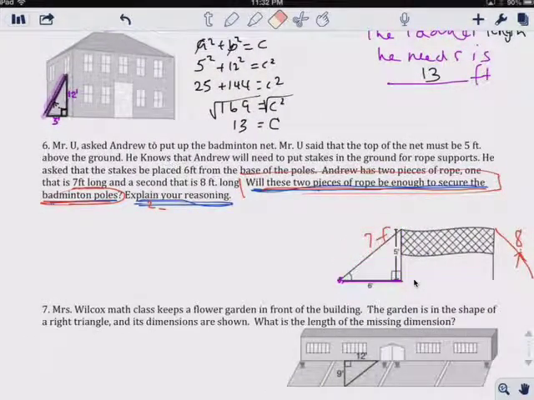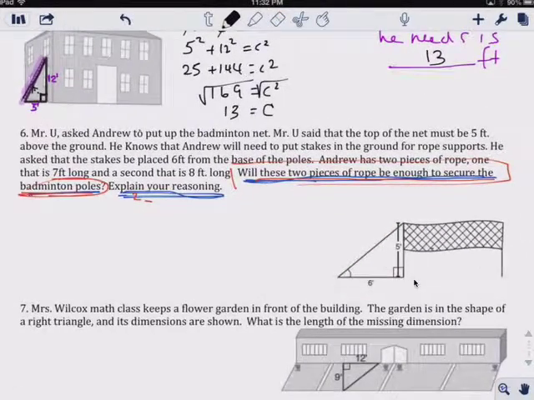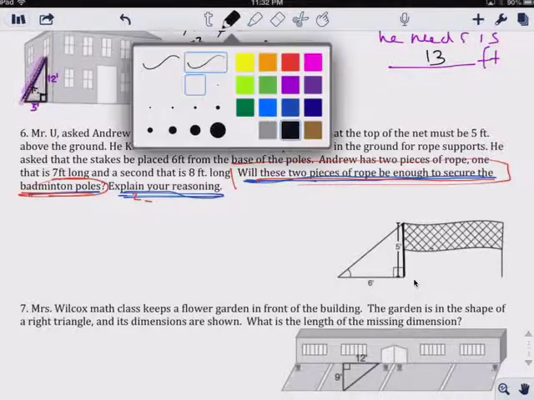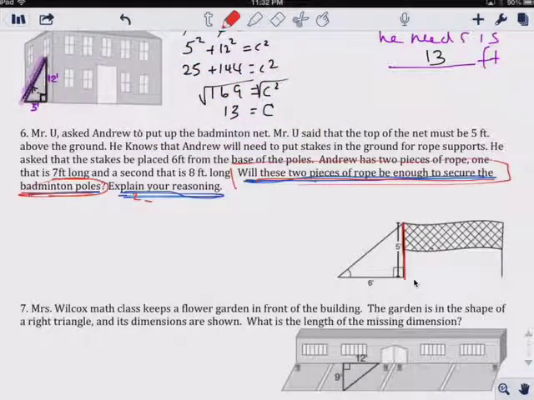I did this with period 5, but the top of the net to the ground is 5 feet. And he knows that Andrew will need to put a stake in the ground for support. He asks that the stake be 6 feet away from the pole. So the stake is right here, 6 feet away from the pole.